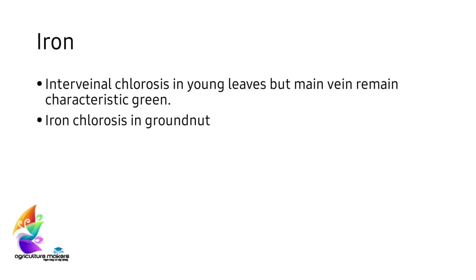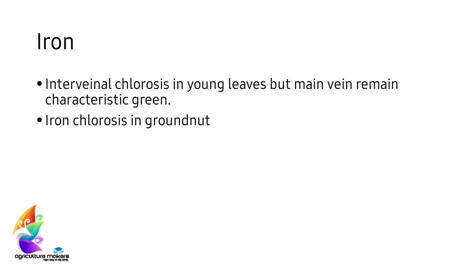Coming to the next, it is iron. Iron is required for nitrogen fixation because it is the catalyst for chlorophyll synthesis. And remember, the key symptom of iron deficiency is interveinal chlorosis in the young leaves. You all know that interveinal chlorosis in older leaves is caused by magnesium.